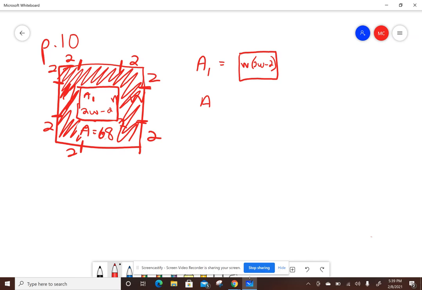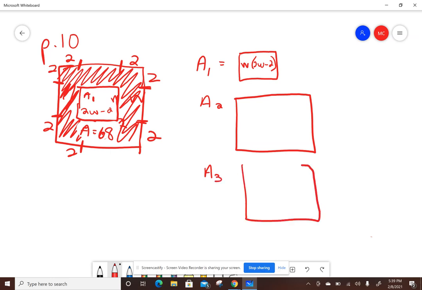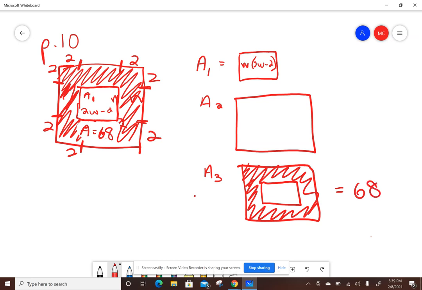Then we have area 2, and that's the entire thing, the outside of the entire thing. And then we have area 3, which is just the frame, just the red part. And that, we're told, is 68. So this equals 68. Area 1 equals 2W squared minus 2W.